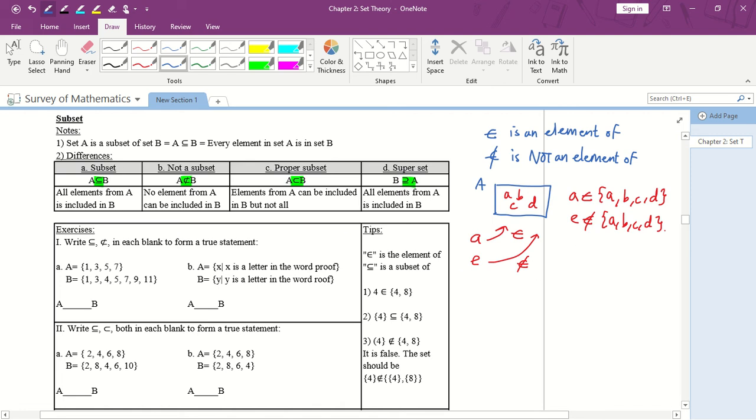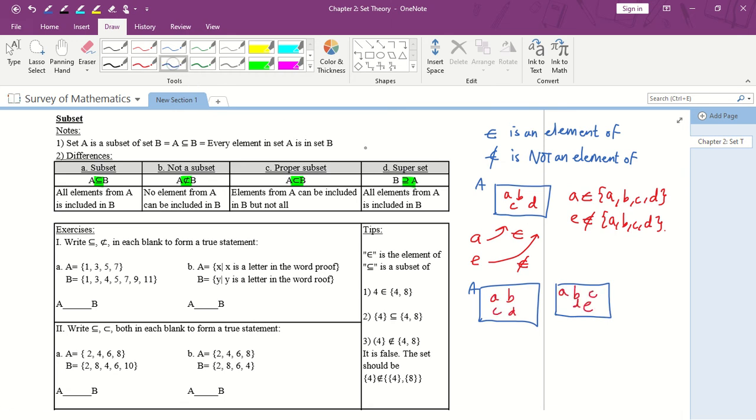Subset basically means that there's a box A and a box B. If box A has A, B, C, D, and box B has A, B, C, D, E, then I can say that A is a subset of B. Why?